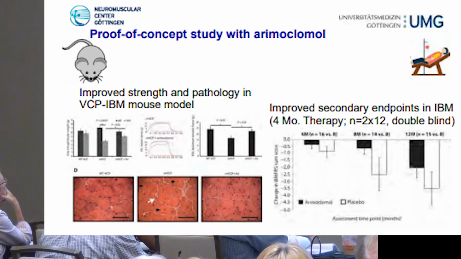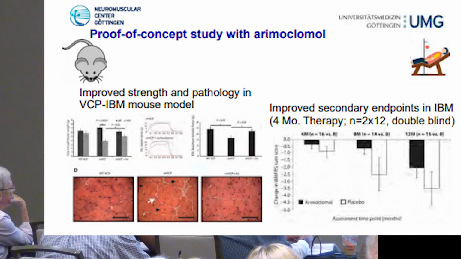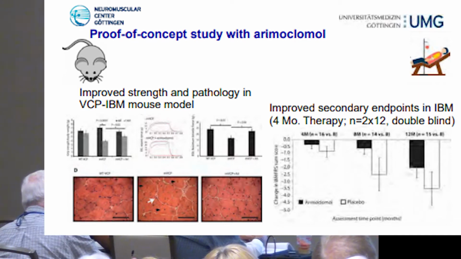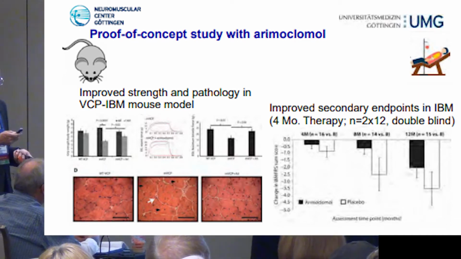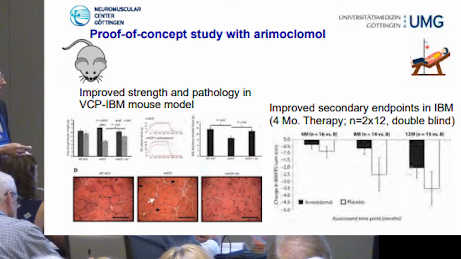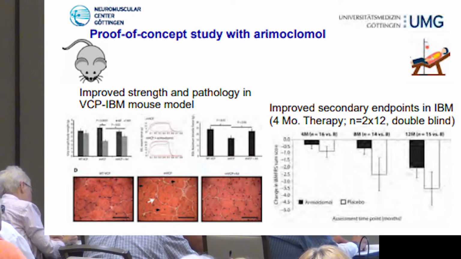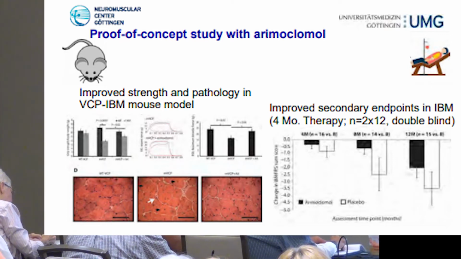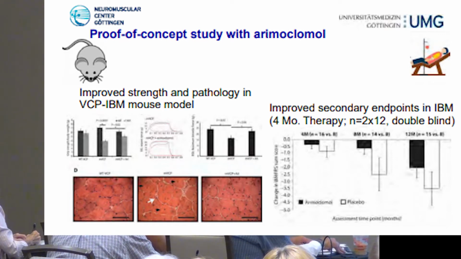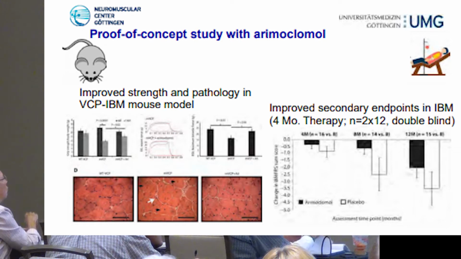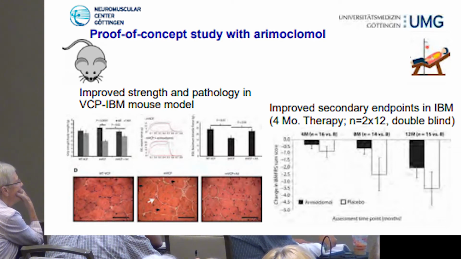This is another model to mimic degenerative pathways of inclusion body myositis, but it's a very specific part of IBM. This is not a true IBM. There is no inflammation in the mouse, and the human situation is completely different, so it only mimics some degenerative factors, but still the drug was positive.